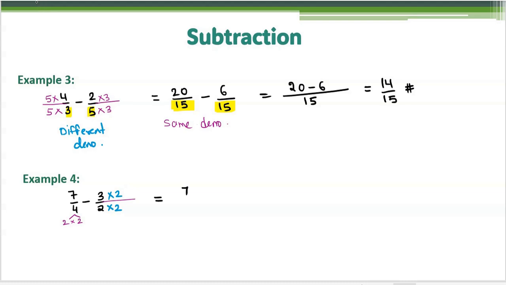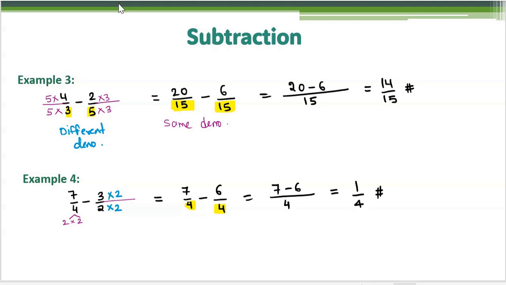So we can write it as 7 over 4 minus 3 times 2, 6, and 2 times 2, 4. So 4 over 4, denominators become same. So next is 4 and 7 minus 6, 7 minus 6, 1 over 4.